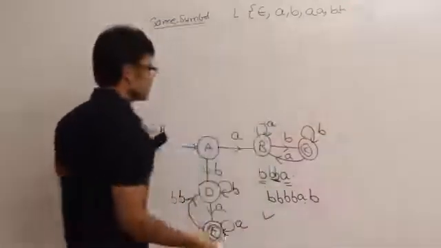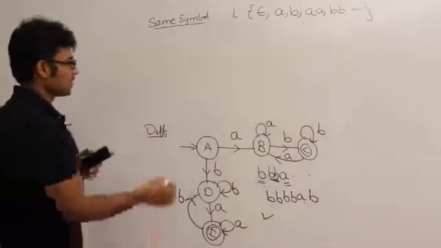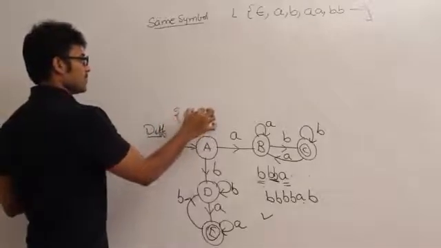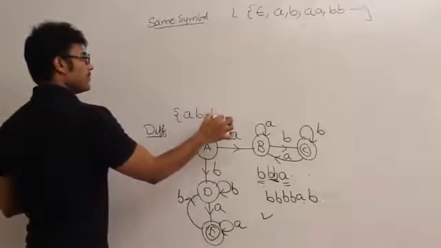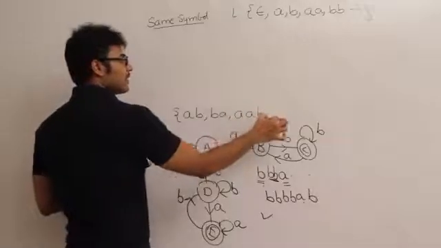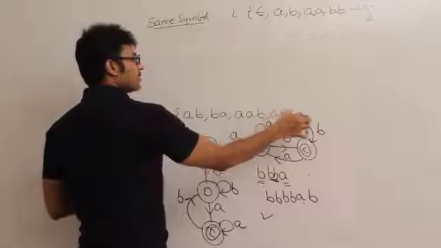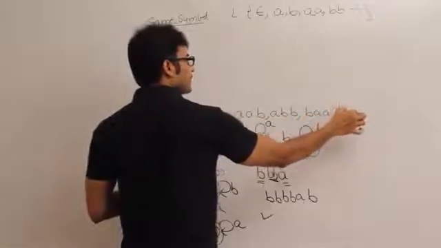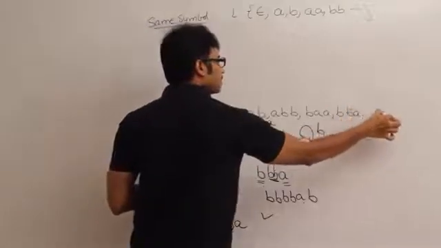What about this one? Starts and ends with different symbols. If you have seen this, it is going to be AB or BA, and then AAB, and then ABB, BAA, and so on.